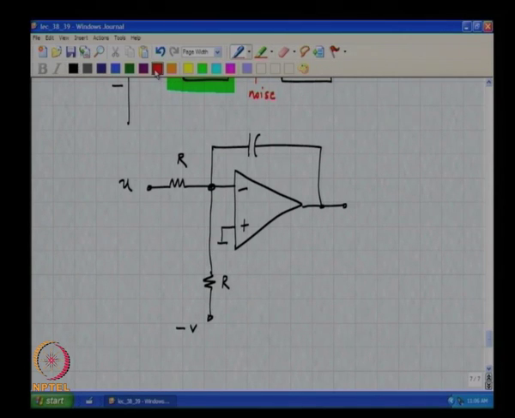A simple way of doing this, because both the resistors are connected in parallel, is to assume noise current rather than noise voltage.